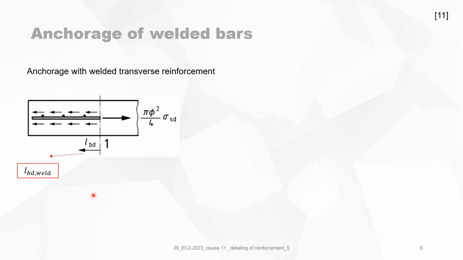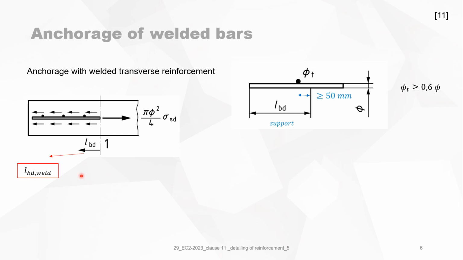Anchorage with welded transfer reinforcement, that means, of course, a mesh of reinforcement, for instance. Then you see that LBD is indicated on the left of control section 1, in equilibrium with the force: the cross section of the bar times the tensile stress in the bar. Again, I propose you should call this LBD weld instead of LBD to avoid confusion.